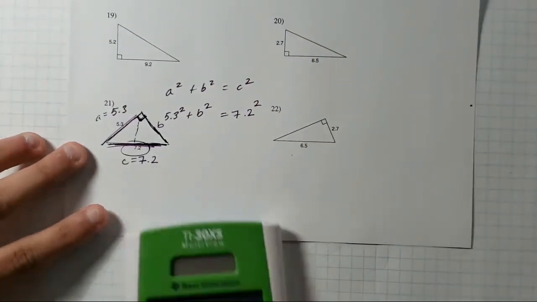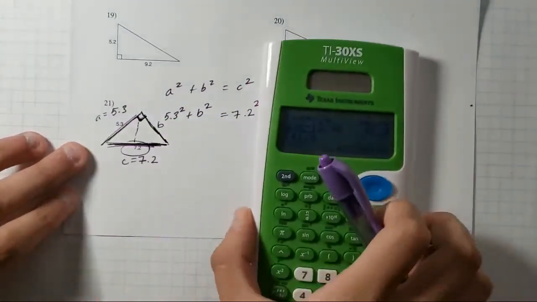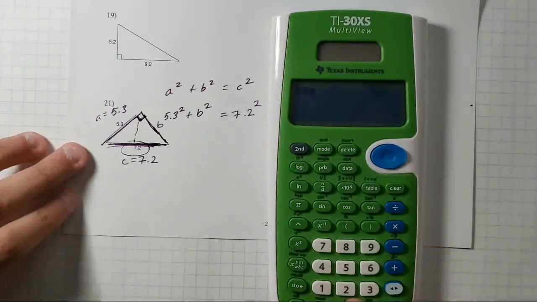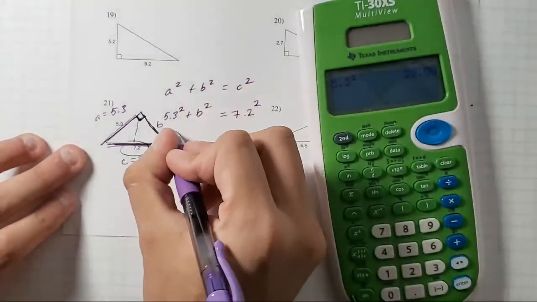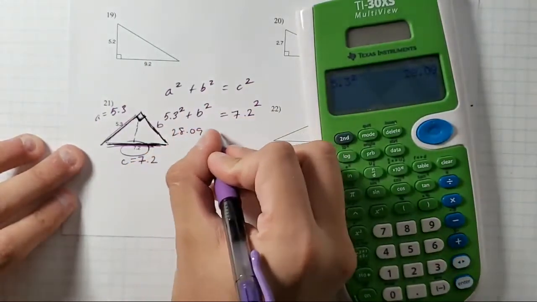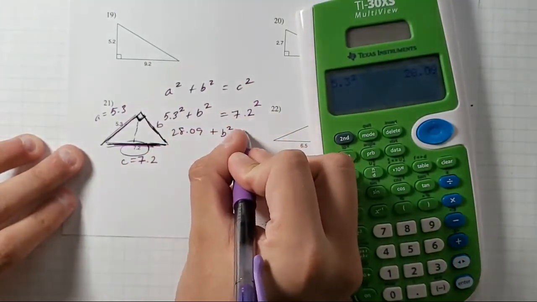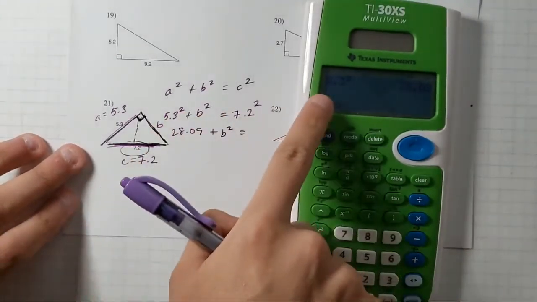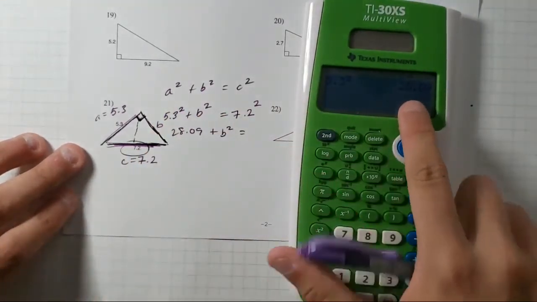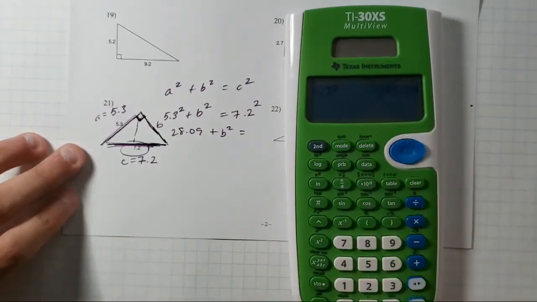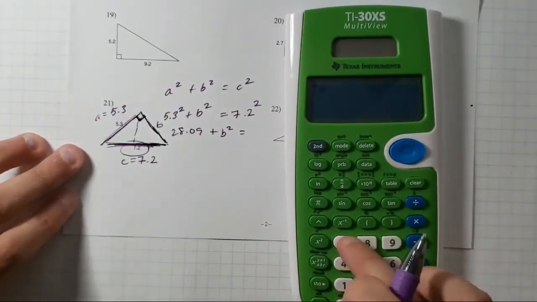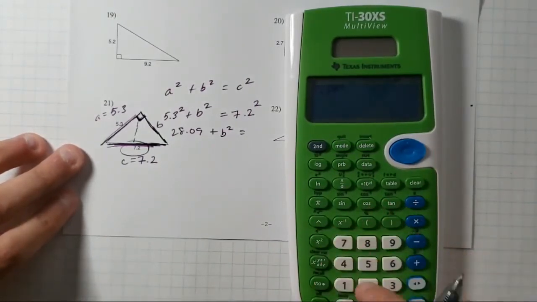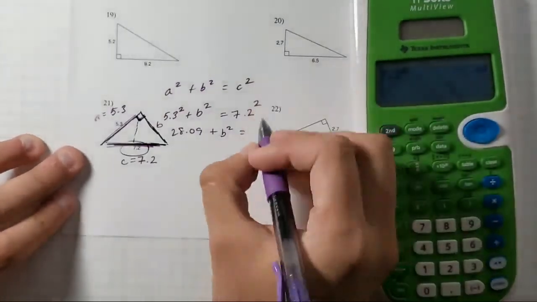So you go to the calculator and type in 5.3 squared, which is 5.3 times 5.3, and you get 28.09. So 28.09 plus B squared equals 7.2 squared, which is 51.84.